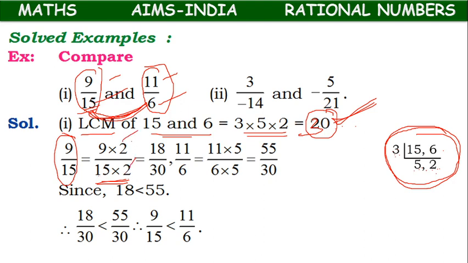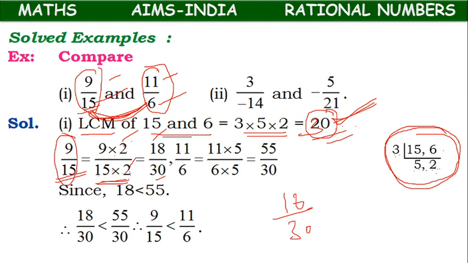So that's why we also multiply the numerator. Both numerator and denominator are multiplied with 2, because we have to turn the denominator into the LCM. That's why we multiply with 2, not with another number. So what will we get? 9 2 times 18, 15 2 times 30. That is the first fraction, 18 by 30.